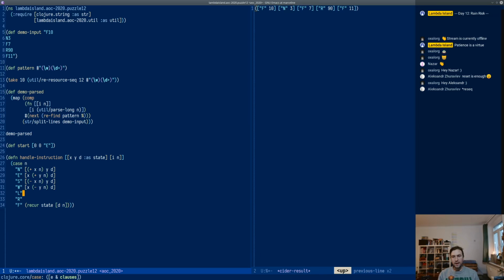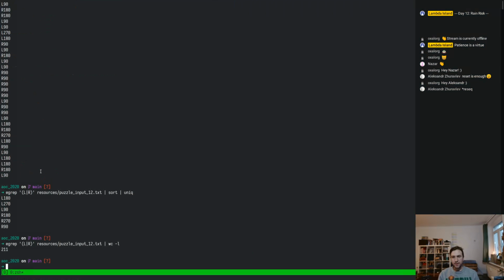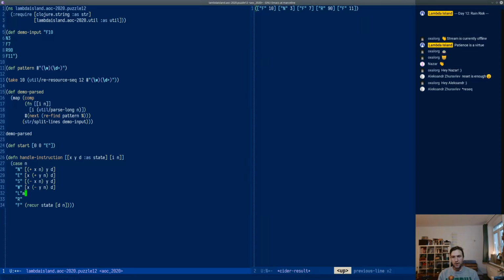And then we have left and right, yeah? And I mean, looking at the instructions we get, there's really only 3 options here, 90, 180, and 270. So N is going to be 90, 180, or 270.